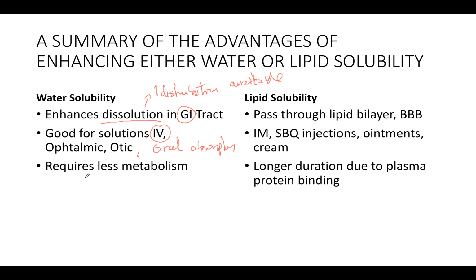They require less metabolism, less plasma protein binding, as we've seen in the case of penicillin G. Sometimes it can also have a shorter half-life because it's easily eliminated.